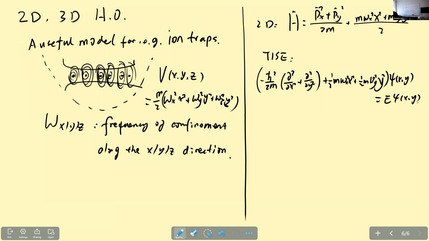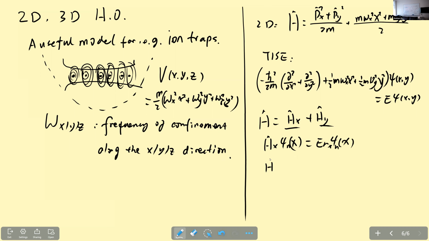You just separate it: I write this Hamiltonian as H_x plus H_y, and each has its own solution. It's just a harmonic oscillator in the x direction and a harmonic oscillator in the y direction. So you have H_x psi_m(x) equals E_m psi_m(x), and also H_y psi_m(y) equals E_m psi_m(y).